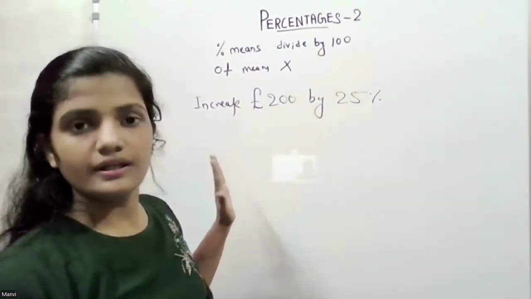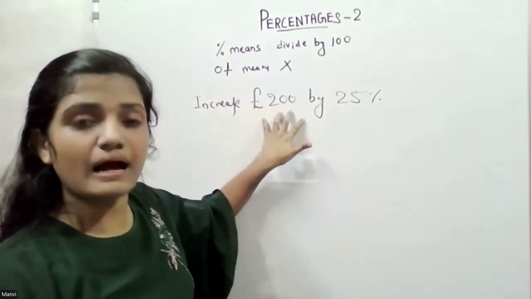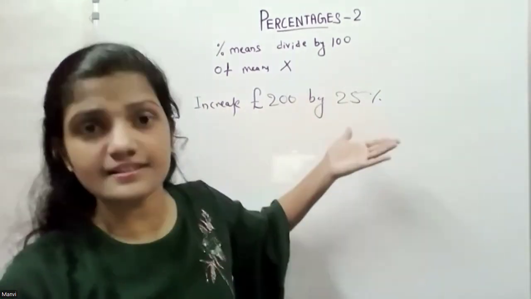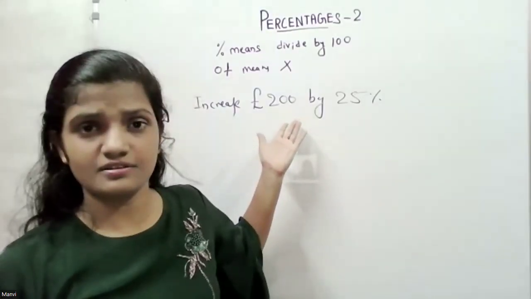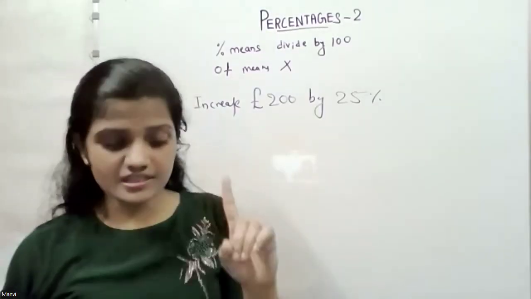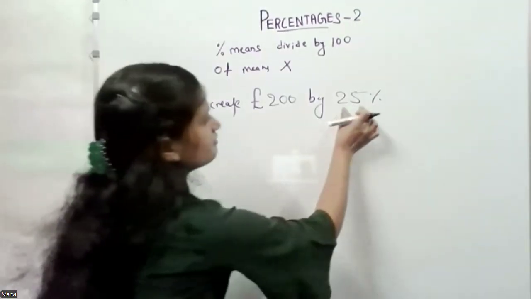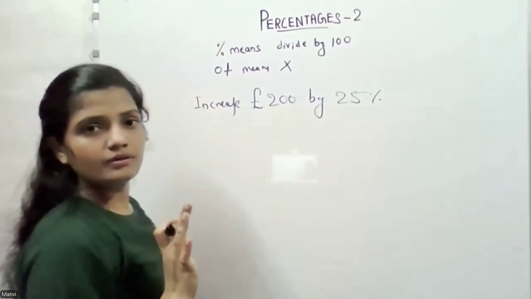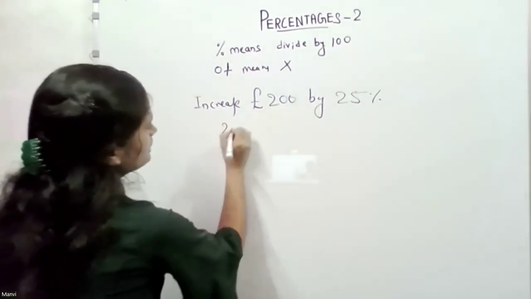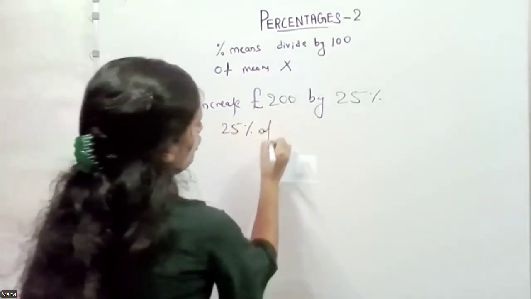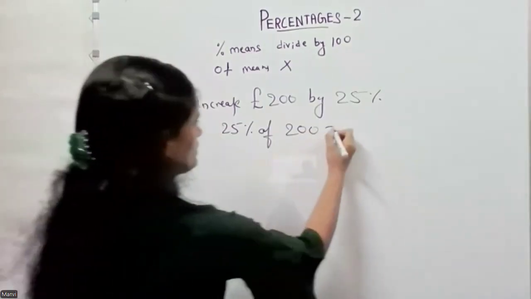It asks you to increase this 200 pound by 25%. And we don't know what 25% of this 200 is. So the first step is to find out what 25% of 200 is.